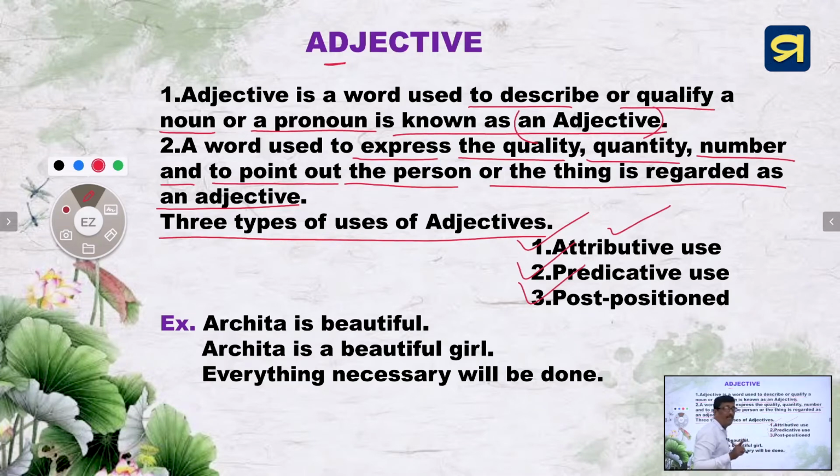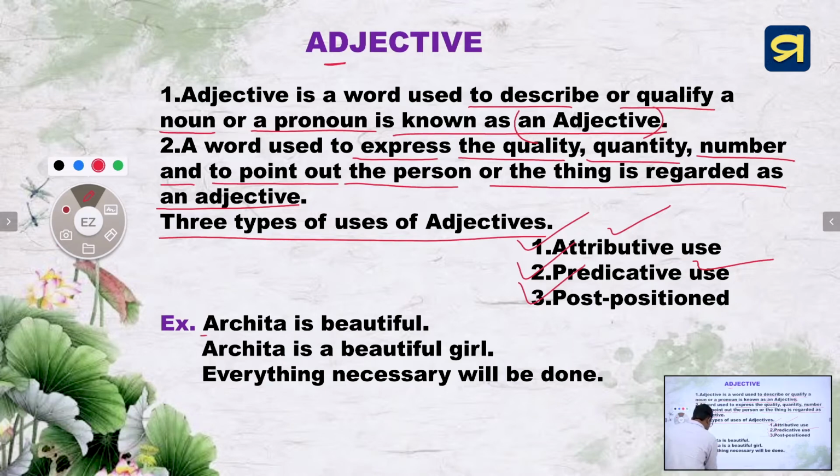When adjective is used after the link verb, is, am, are, seem, appear, feel, taste, we can say that it is predicative adjective. But when adjective is used after the noun, after the head noun, we can say that it is postposition. Mark, there are 3 sentences.